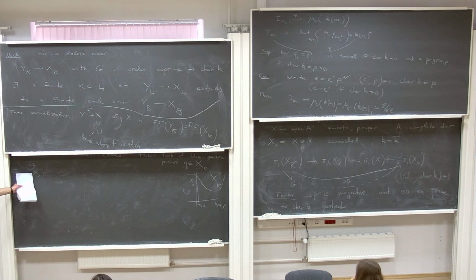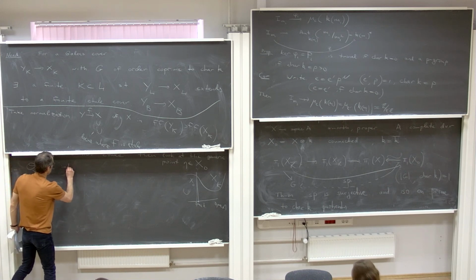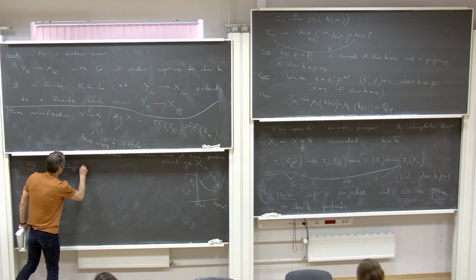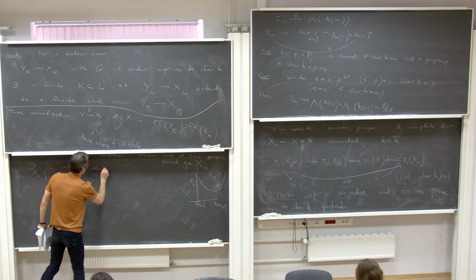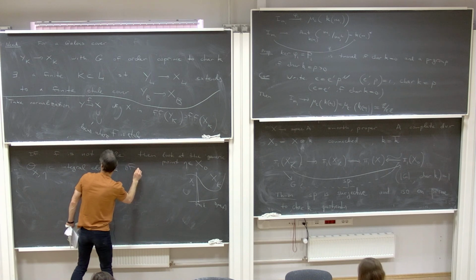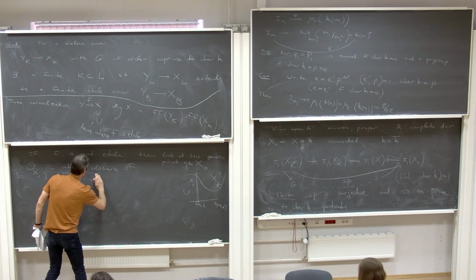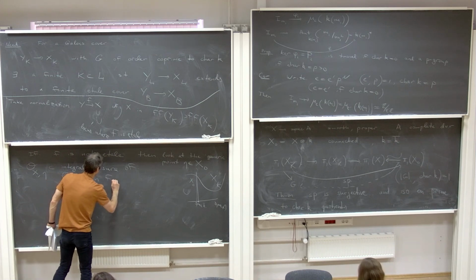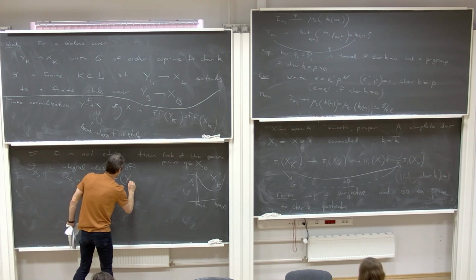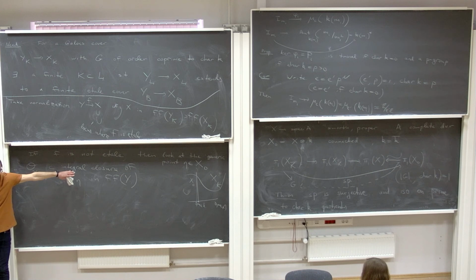So I have one discrete valuation domain, and I have the integral closure of this guy in the fraction field of Y. So here we have an extension of a discrete valuation domain.